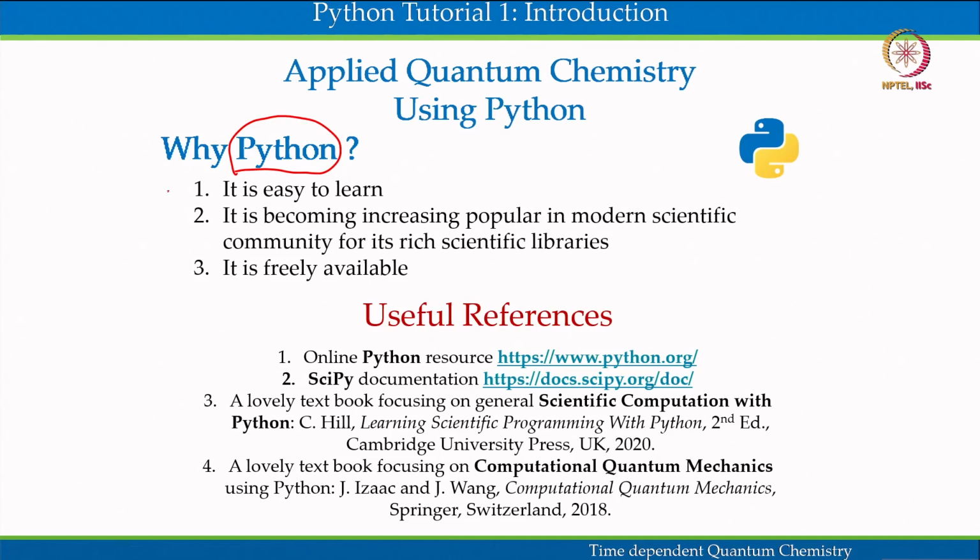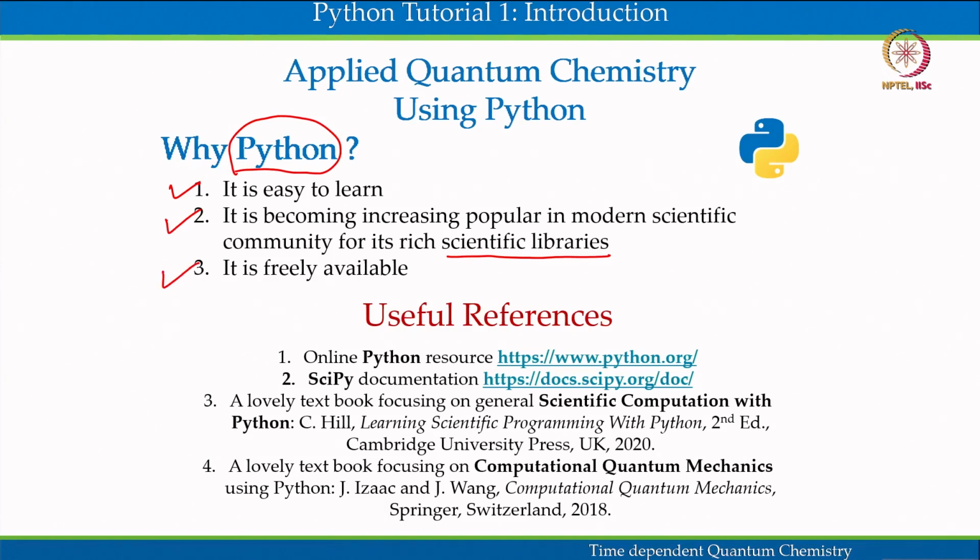It is easy to learn. It is becoming increasingly popular in modern scientific community for its rich scientific libraries. It has been developed for a long time recently to support the scientific community. And most importantly, it is freely available.